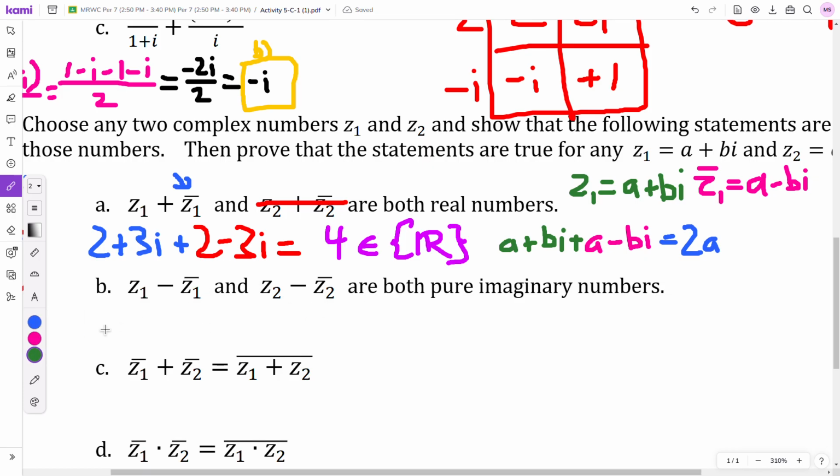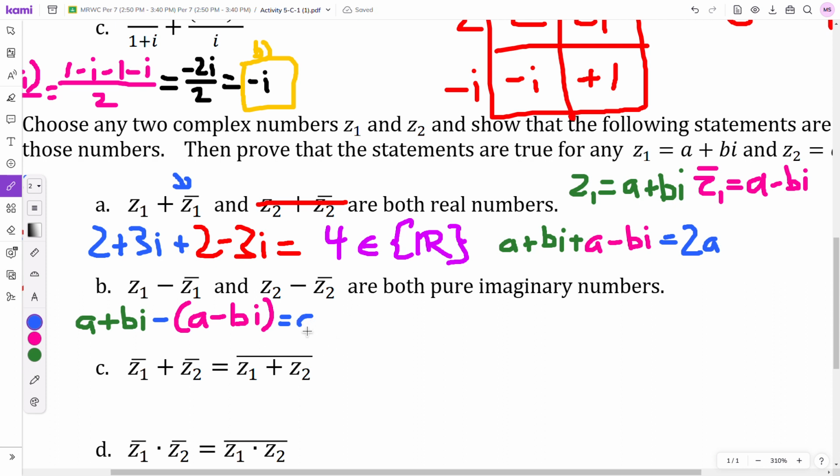So if I have a plus bi minus the conjugate, a minus bi, what do we get?